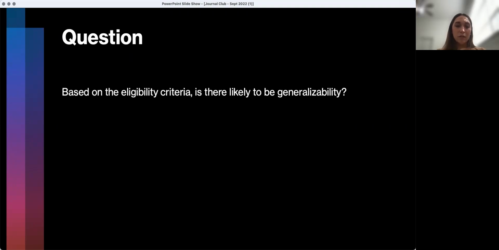So yeah, going on to this question now: is there likely to be generalizability? Janet, you mentioned clinical practice in general, but it's also about age differences here, and how we know that people with heart failure are typically older, age 65 and older.